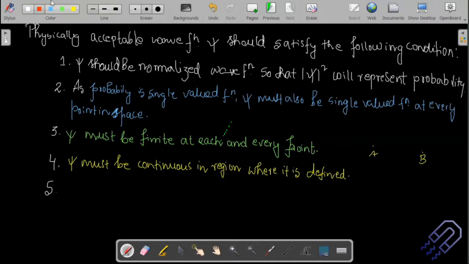Mathematics tells me that the first order derivative also should be continuous. That means the change of psi with respect to the x-axis, or the change of psi with respect to the y-axis, it can be three-dimensional, right, real life, or the change of psi with respect to the z-axis must also be continuous.